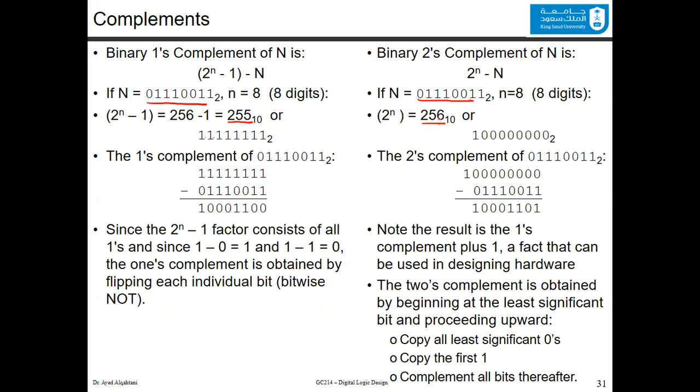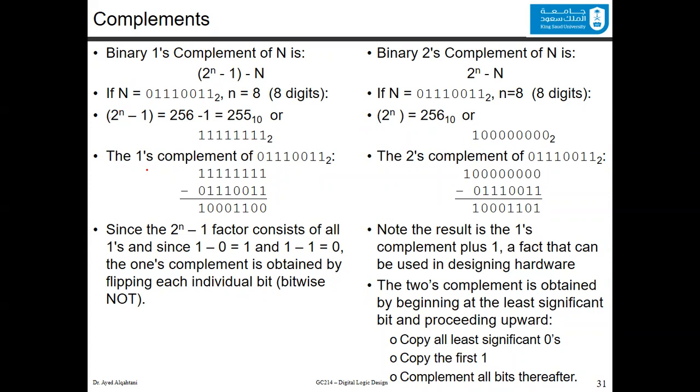The 256, which is one more, notice that the twos complement is the ones complement plus 1, will have 1 followed by eight 0s. And you can check this. If you add only 1 here and try to do the addition, you will end up with this result, because the twos complement is the ones complement plus 1. Now, we generated the binary representation of 2 to the power of n minus 1 and 2 to the power of n.